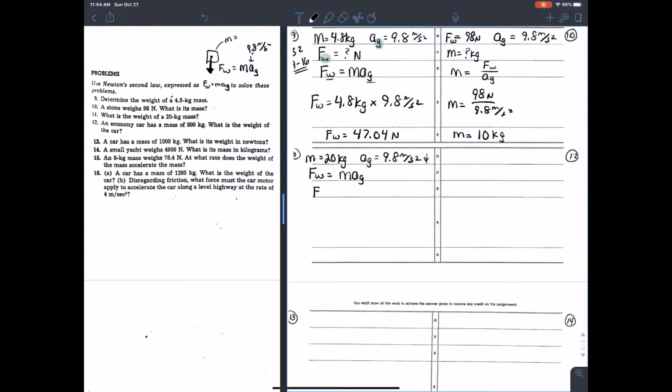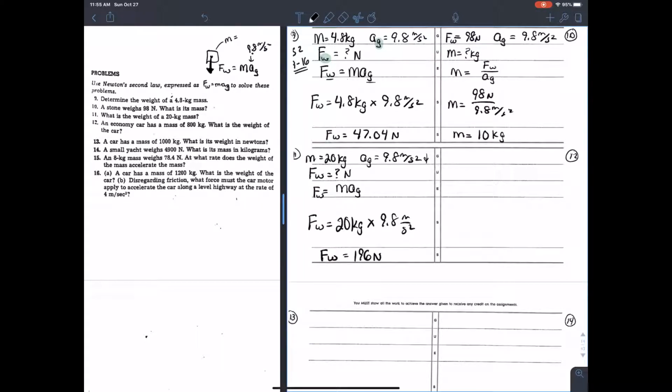I have that in the wrong spot, so this should be down here. I'm trying to figure out what the weight is. So I'll go F_w equals 20 kilograms times the gravitational pull. So the weight of this object is going to be 196 newtons.